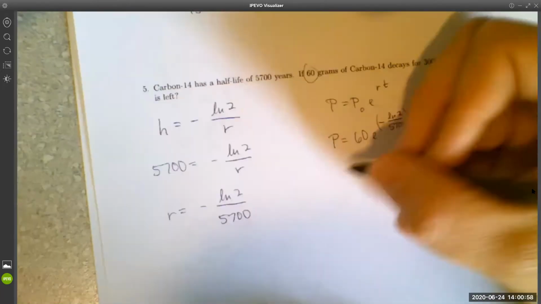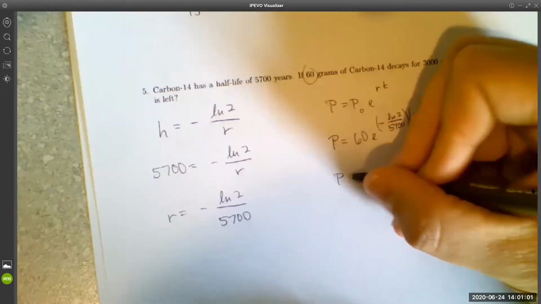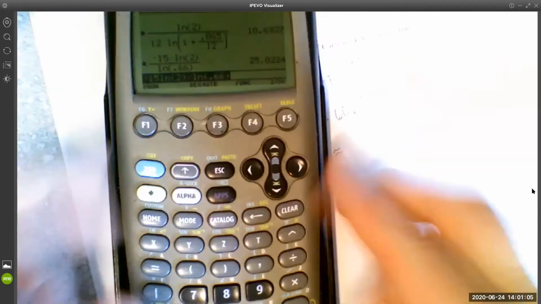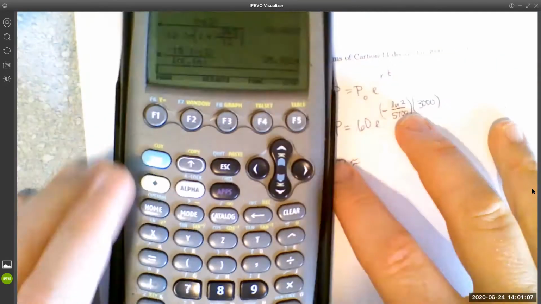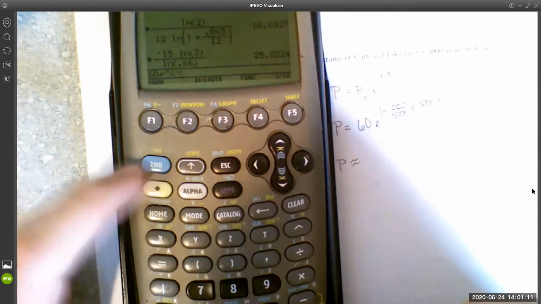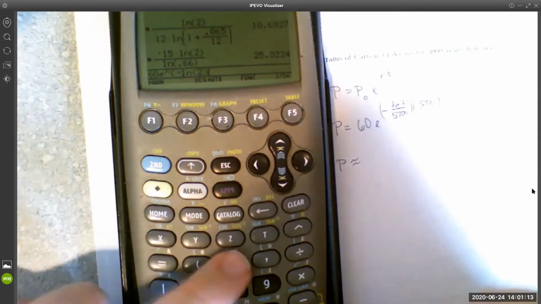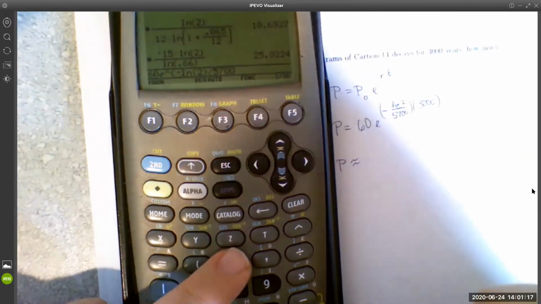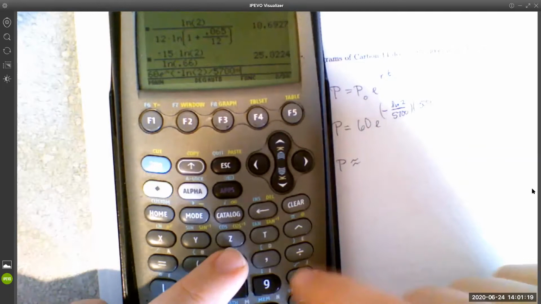Let's see what I get. 60 e to the negative ln 2 divided by 5,700 times 3,000.